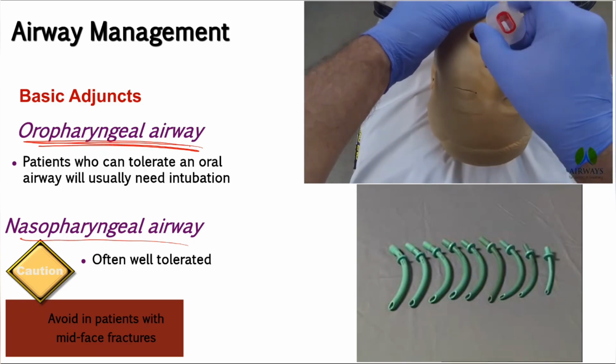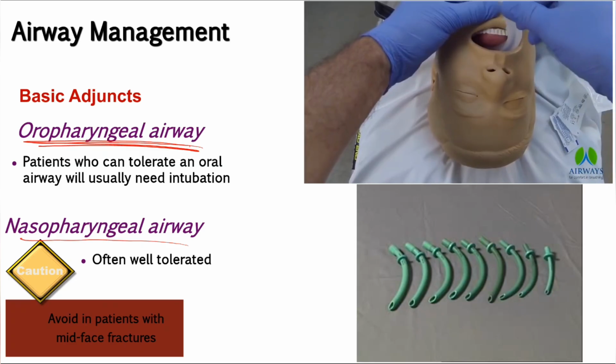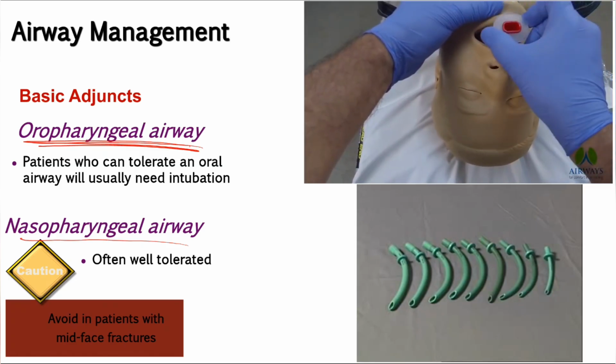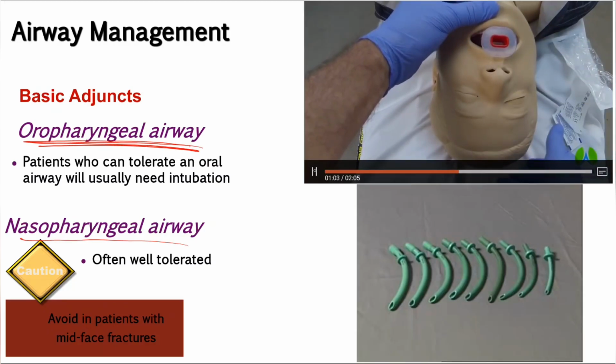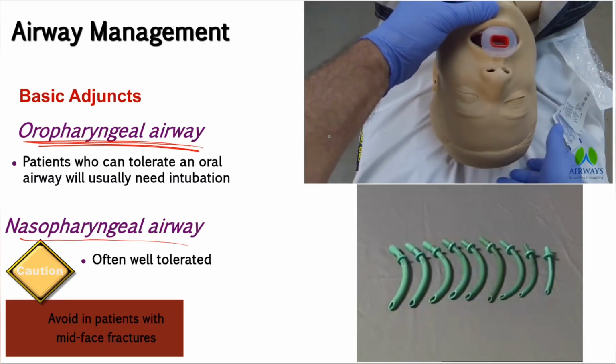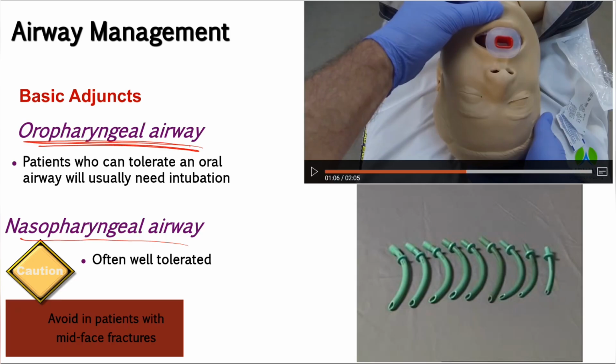Lubricate it with water-soluble lubricant. Start to insert it into the mouth, with the curve facing the opposing direction. So this was for the oropharyngeal airway.